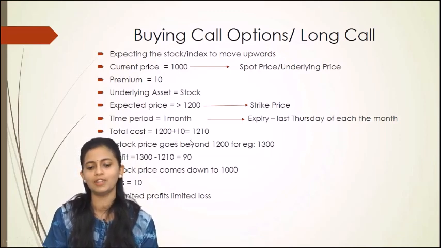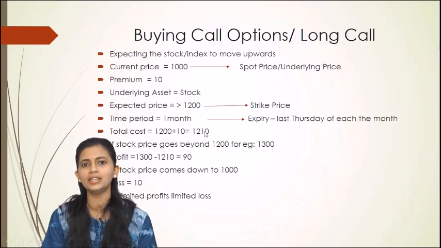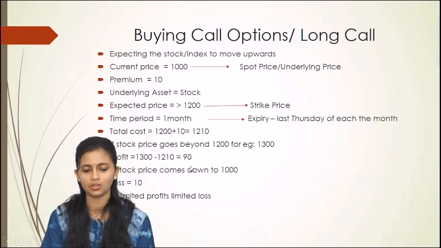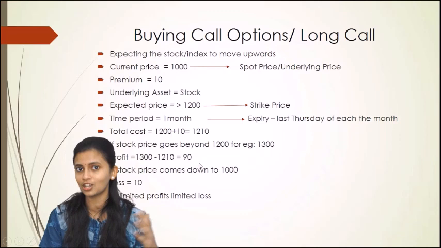So the total cost will be 1210. So the profit that we make by executing this contract is 1300 minus 1210. So 90 rupees is the profit made by the buyer by executing this contract.